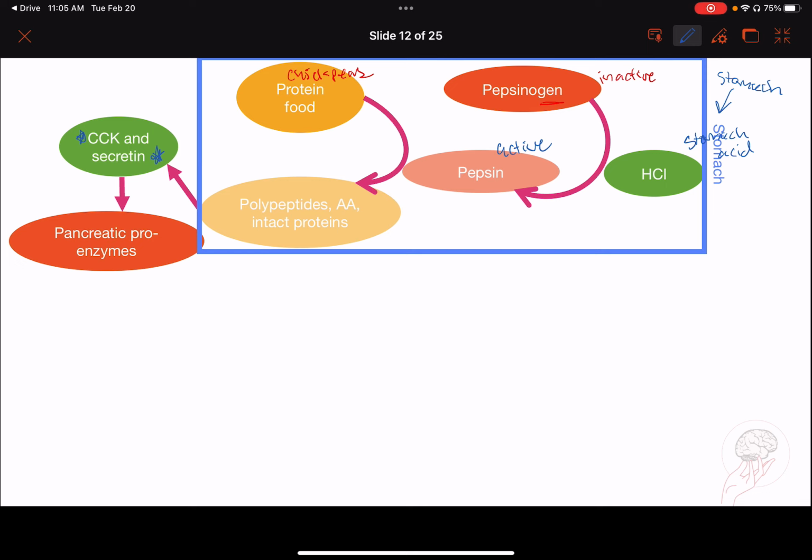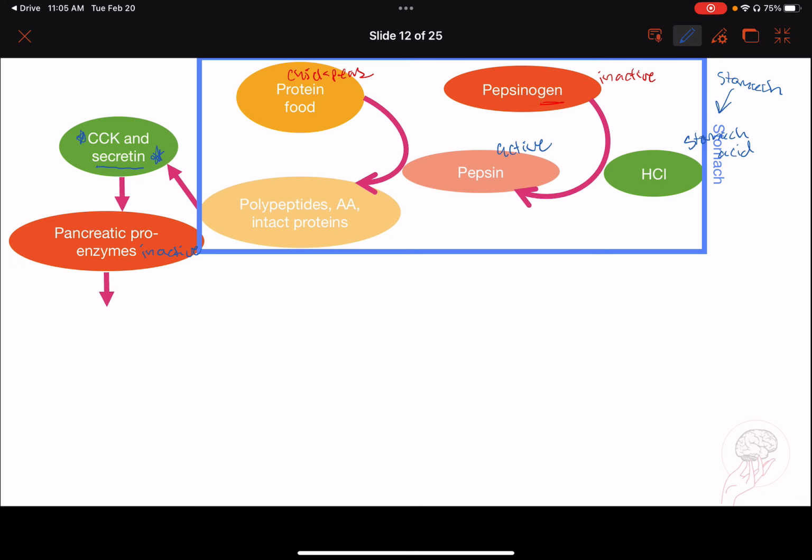And especially secretin is going to signal to the pancreas to produce proenzymes. Pro meaning, again, inactive. Think about why we need inactive forms of protein enzymes. We're mainly made up of proteins.